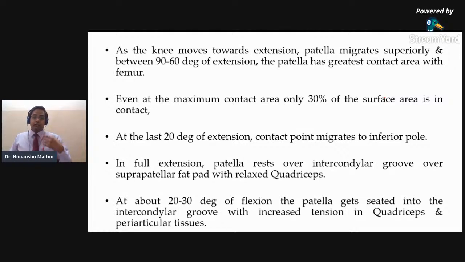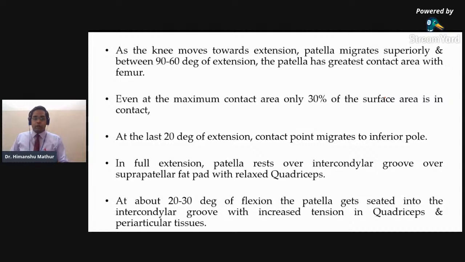If it is imposing more load, it is eventually causing more degeneration at that particular area. Now even at the maximum contact area, only 30% of the surface area is in contact with the femoral articulating surface. So not even 50% of the patella is in actual contact with the femoral articulating surface.